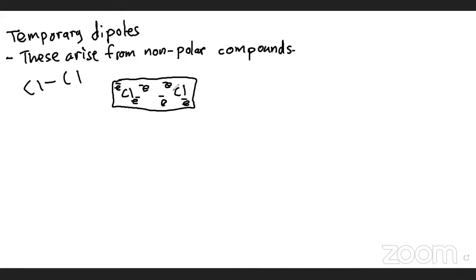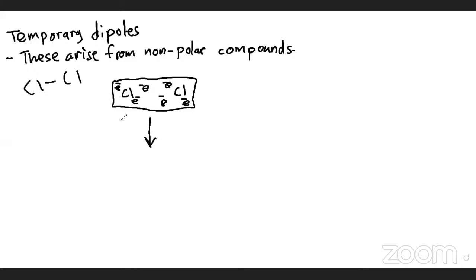So the proposed explanation for this is that the electrons are constantly in motion. So if there is random movement of electrons, then at some point in time, right?